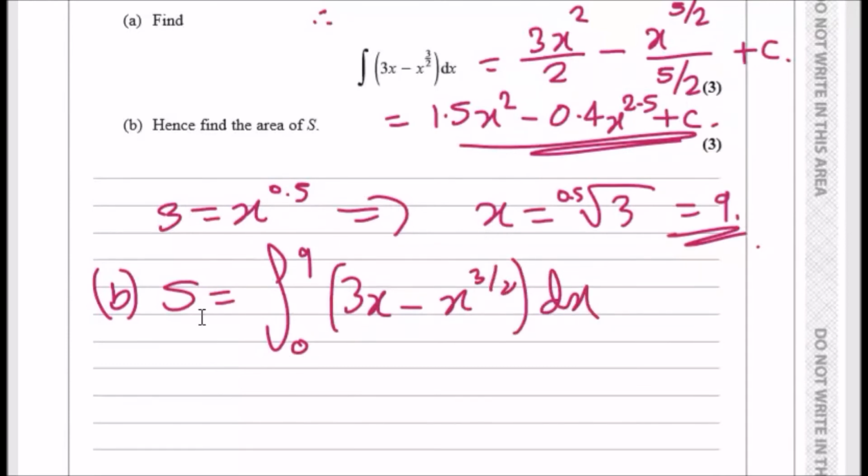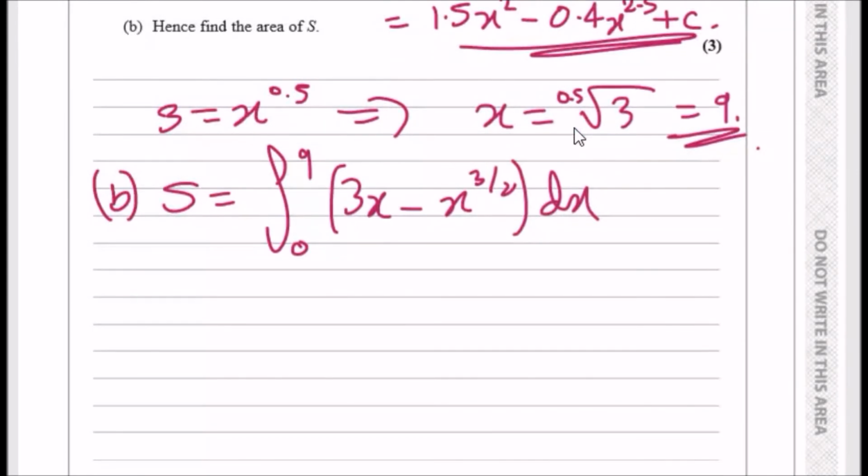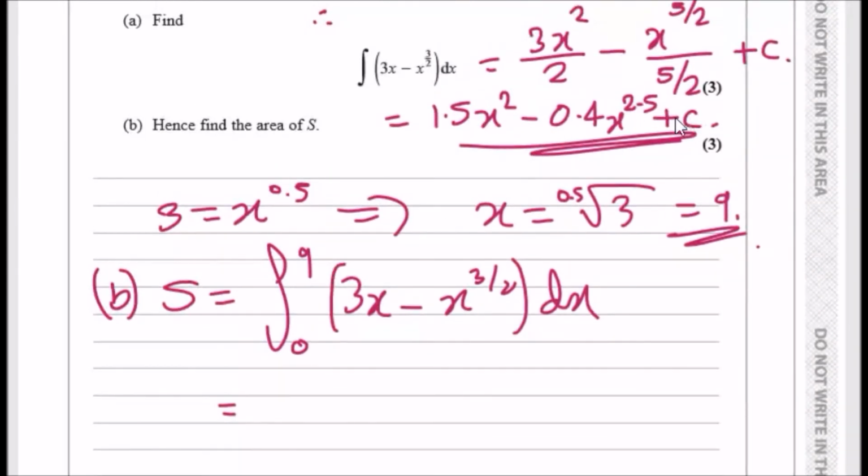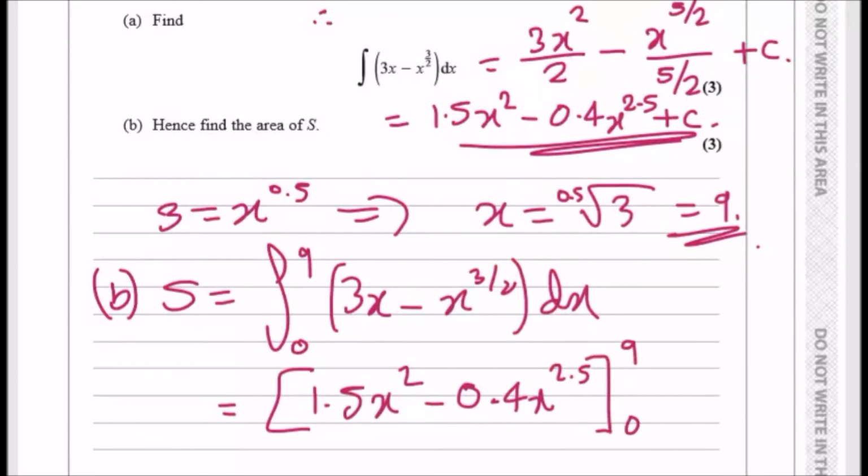Since we already solved it, we got this solution here. The only difference now is that we have limits from 0 to 9. So instead of having plus c, we will need to substitute 9 first and then 0. So we're going to pretty much work this out, x to the power 2.5 between 0 and 9. Yeah, that's it.